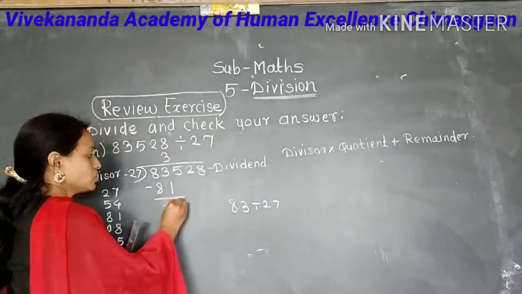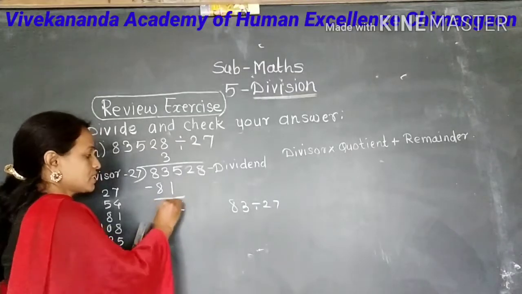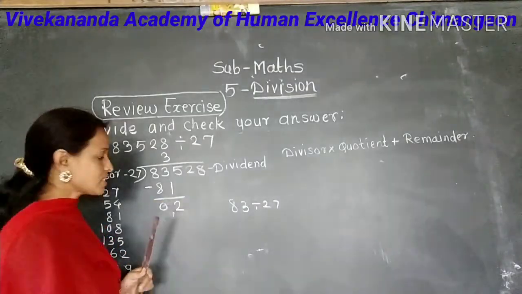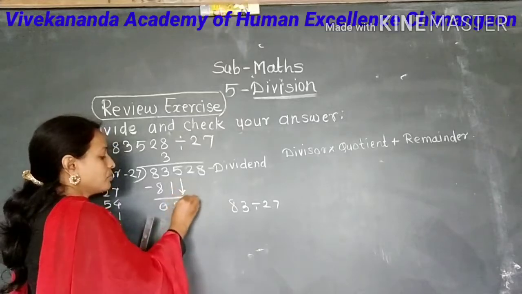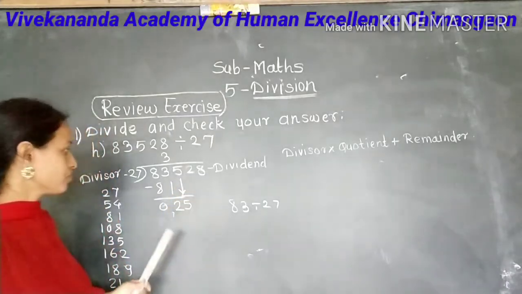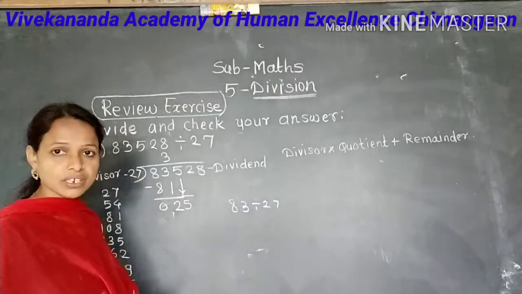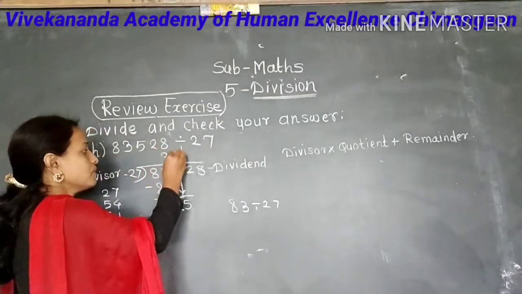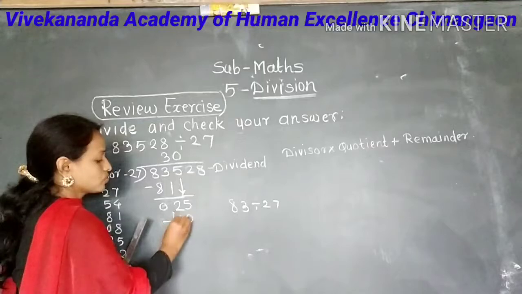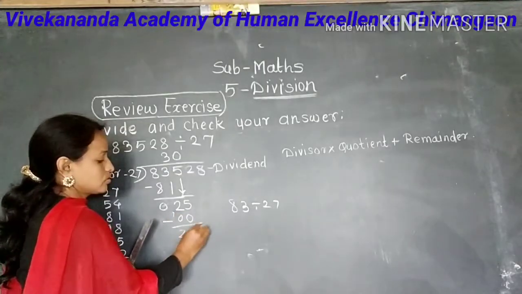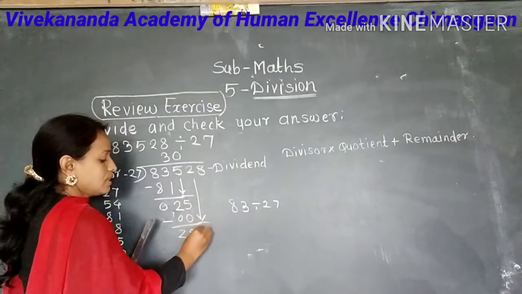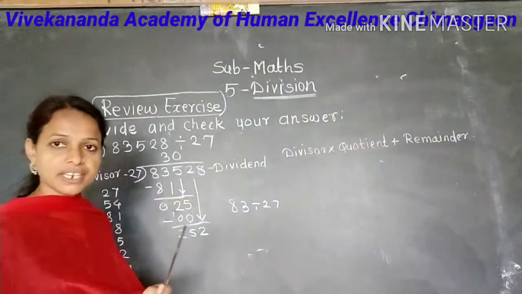83 minus 81 is 2. Now next digit 5, we bring it down. Okay, here 25 is less than 27. So the quotient will be 0. Next digit 2, we bring it down.